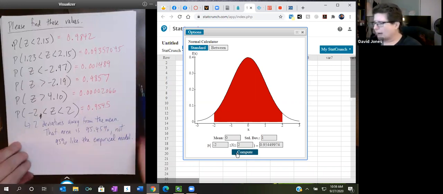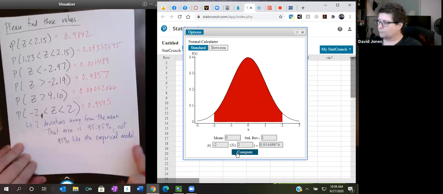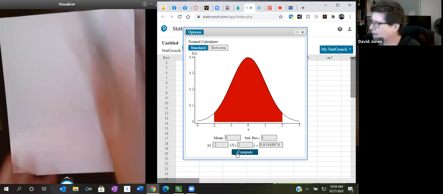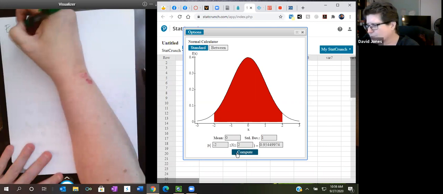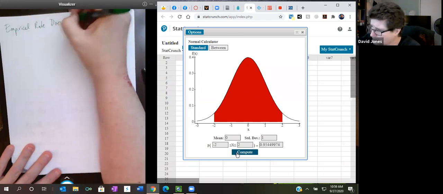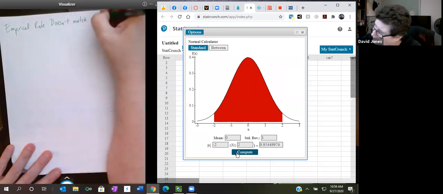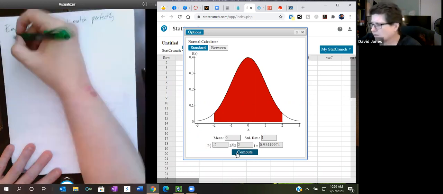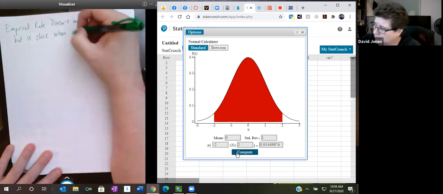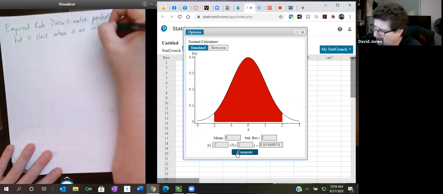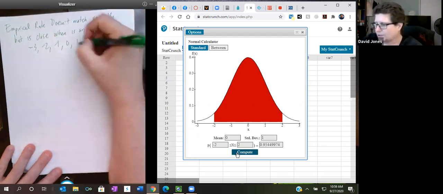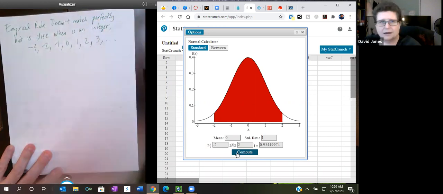Why do we use the empirical rule? So why is there a difference? The empirical rule doesn't match perfectly, but is close when z is an integer. Integers are like -3, -2, -1, 0, 1, 2, 3. No decimals.